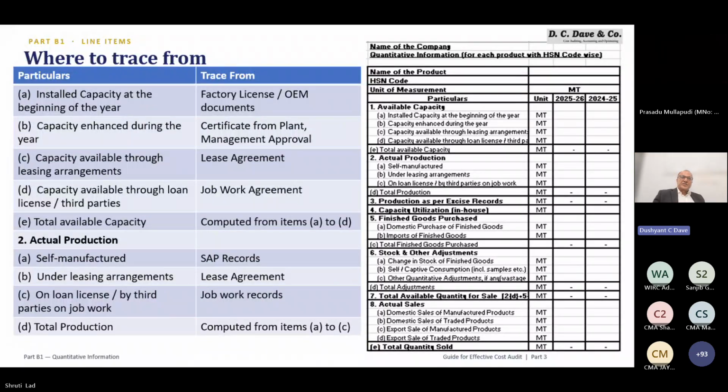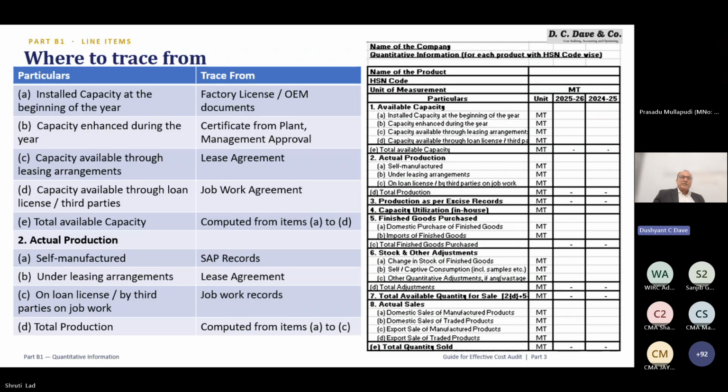When the factory was started, it was licensed to give a certain amount of capacity which a company can produce. As you are aware, of course, the License Raj is not there anymore, but for some of the quantities, yes, there is a license. So you just cannot increase the installed capacity.